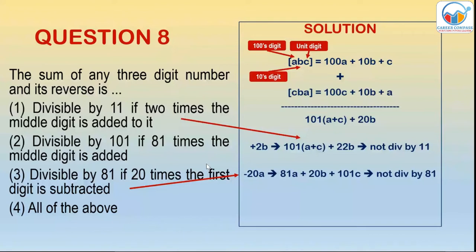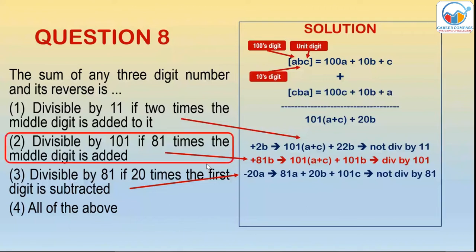And if I look at the second option, interestingly, we will have it divisible by 101, right? So the second option itself will be our answer, because it will be divisible by 101 if I add 81 times B, which is the middle digit.